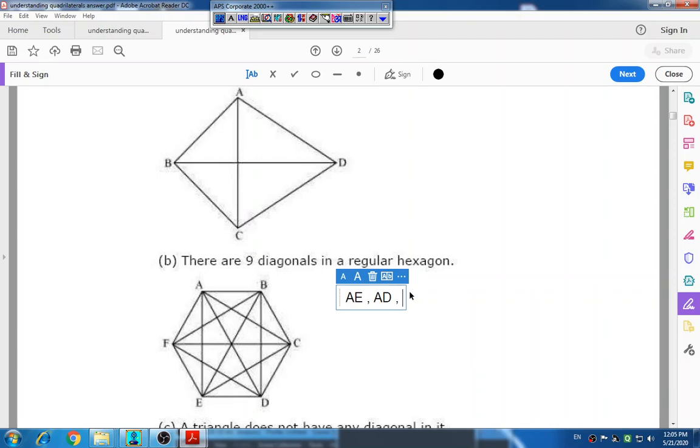From B we get BF, BE, BD. From C we get CE, CF, CA.